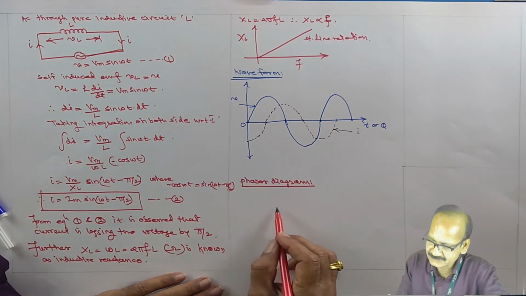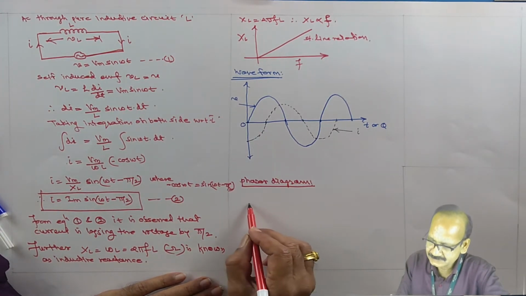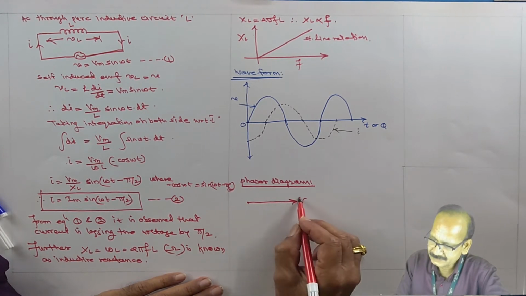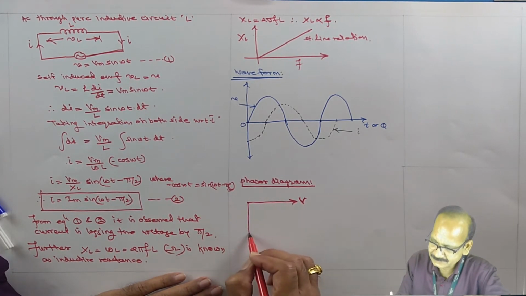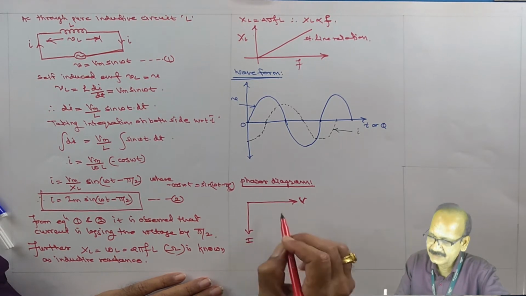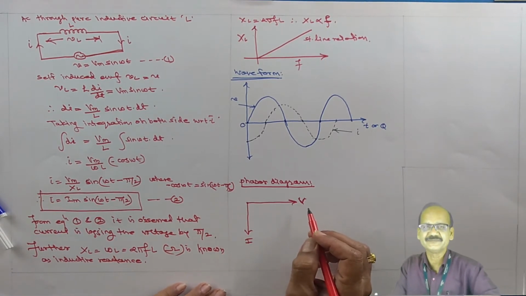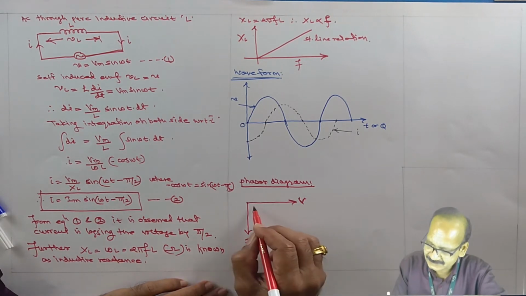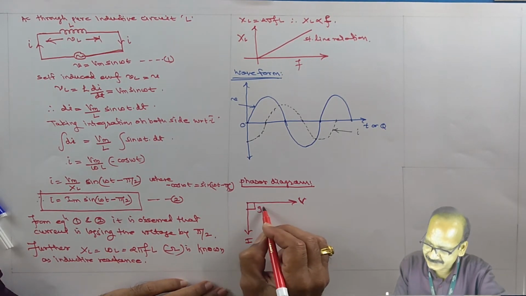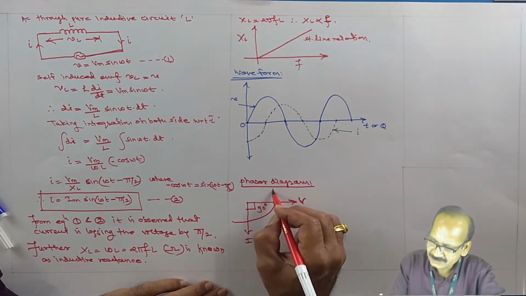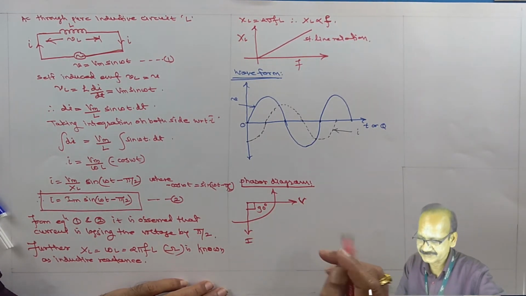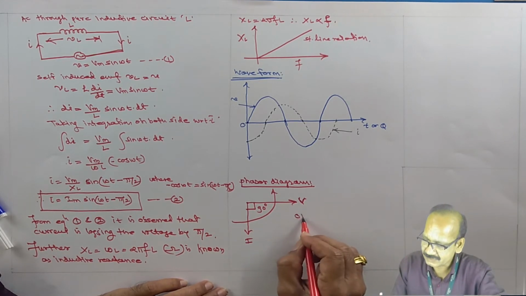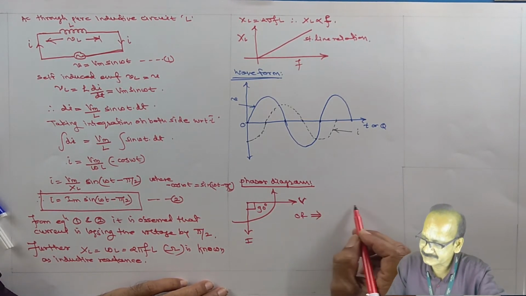When the voltage is considered as a reference vector, this is V, then current is I. Remember that phasors are always represented by RMS values, and RMS values are denoted by capital letters. So this angle is 90 degree. And how to observe? Always observe in counterclockwise direction. Current is lagging the voltage by an angle pi by 2. This can be shown like this.